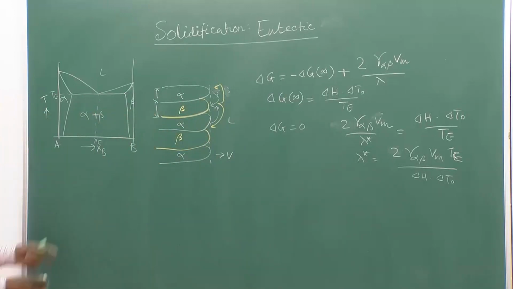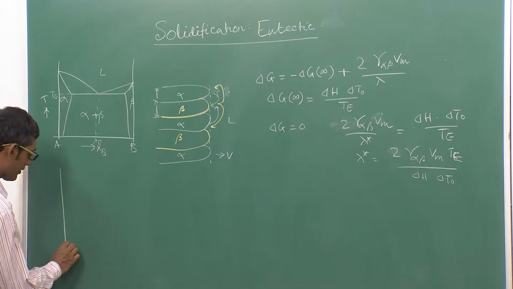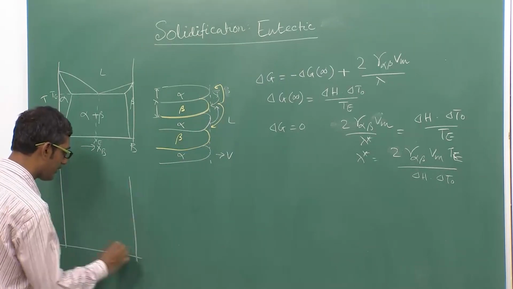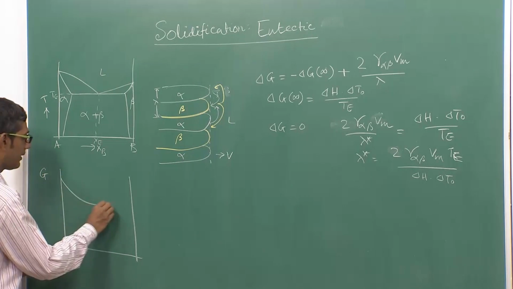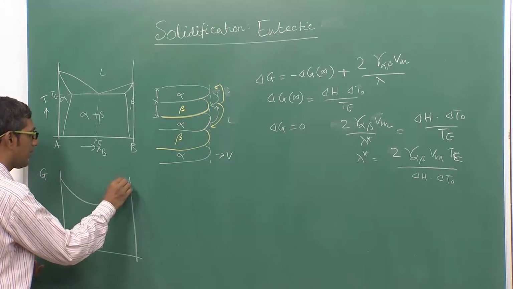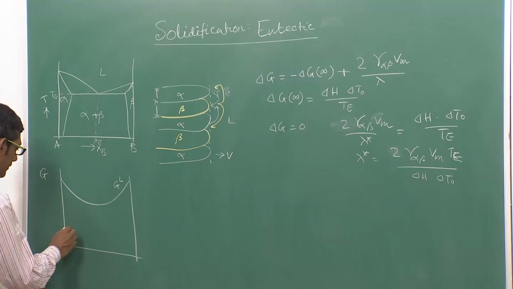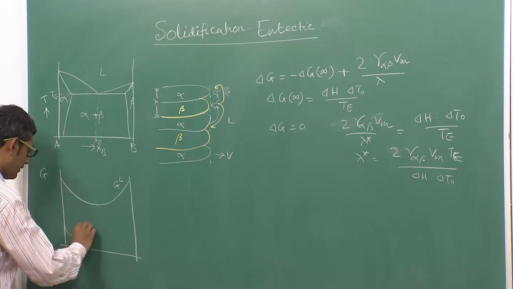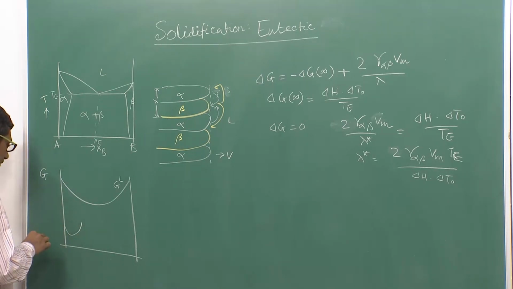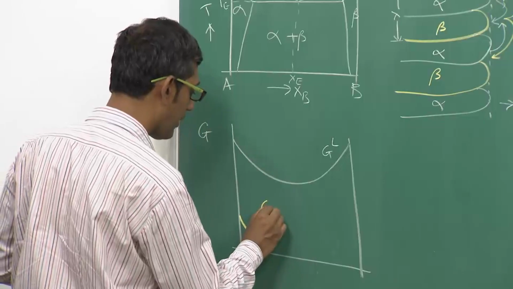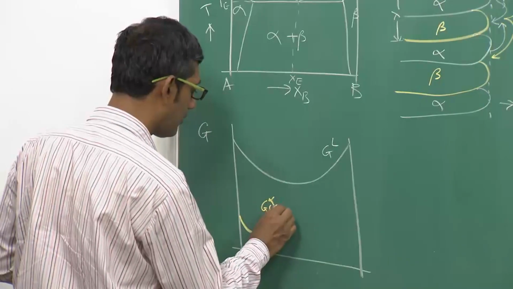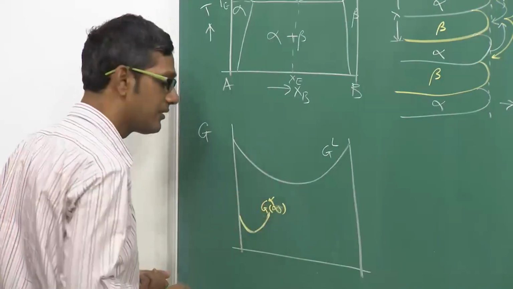So as we see, if I have to draw the free energy versus composition diagram to show you this aspect, let me just draw it and show you. Suppose this is G. Let us suppose liquid has a free energy curve like this, this is GL. The free energy of alpha, when lambda is infinity, is this.